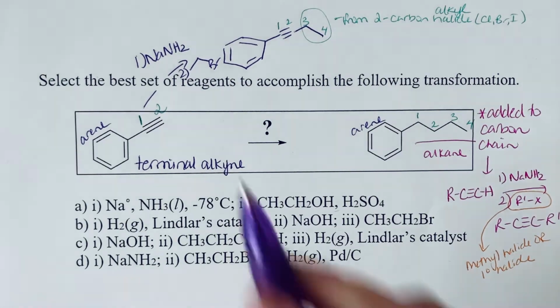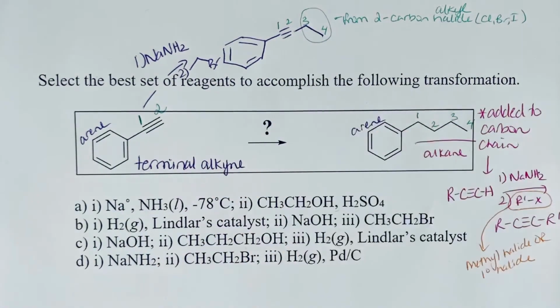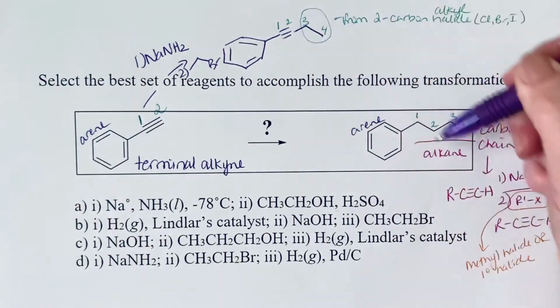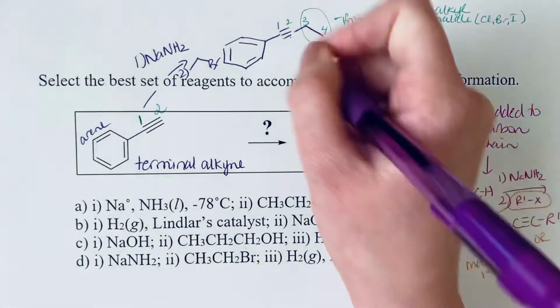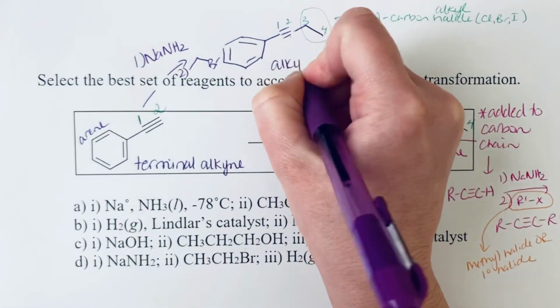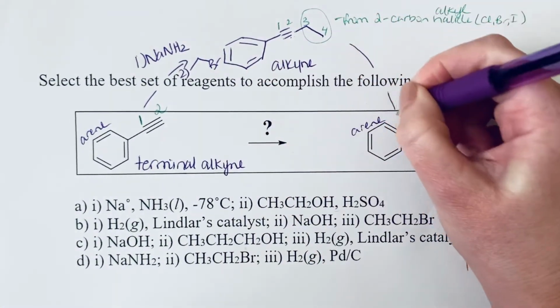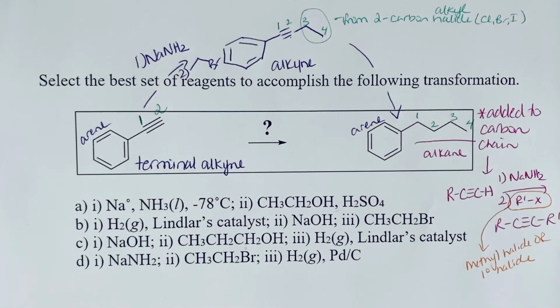And then after you've added to your carbon chain, you need to ask yourself, how do we take an alkyne and reduce it to an alkane? So we're still going from an alkyne now to an alkane. So we need to add hydrogen across this triple bond. So we know normal hydrogenation conditions will take alkynes to alkanes or alkenes to alkanes.